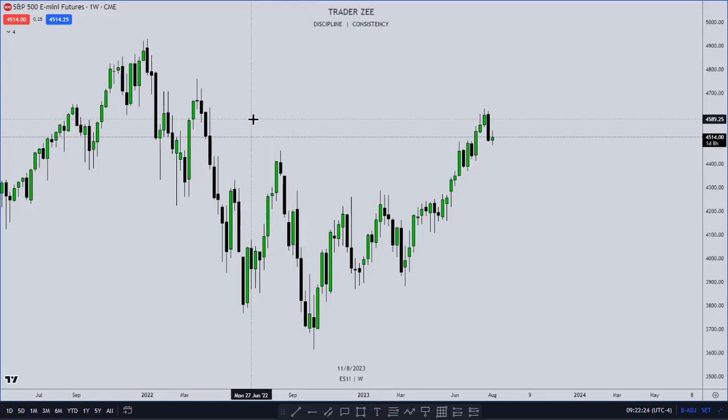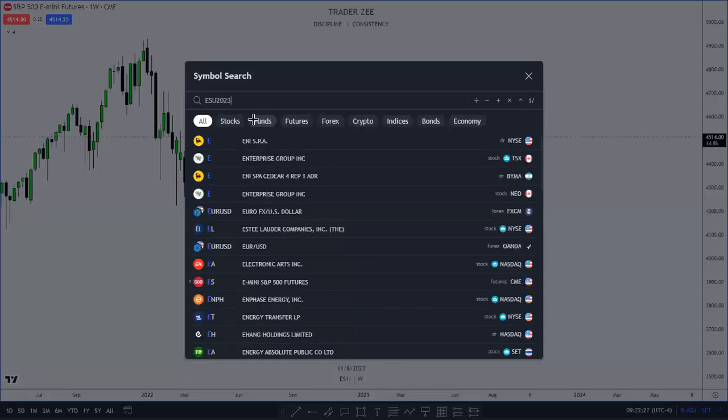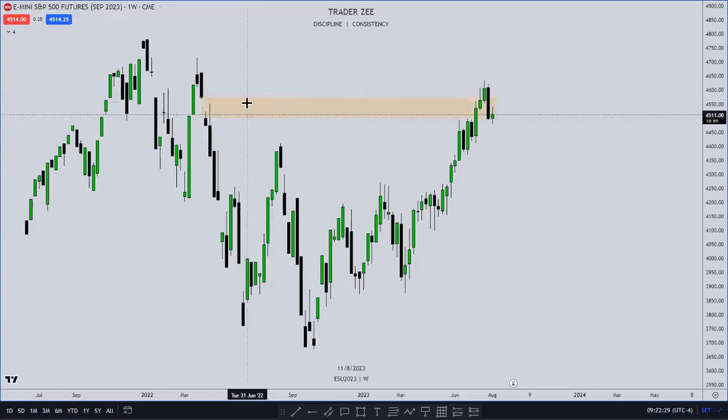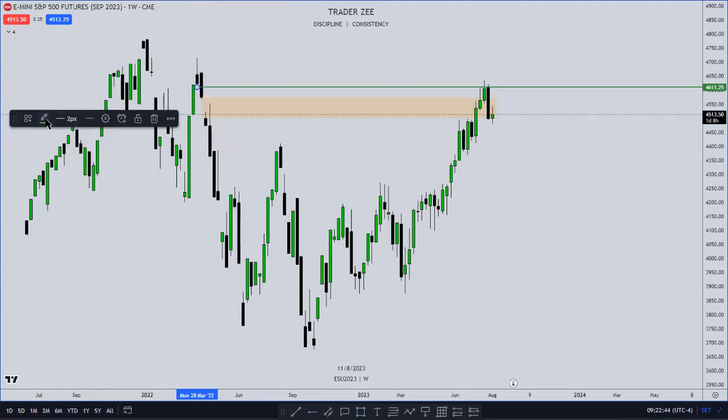So I'll go back to the ESU 2023. We have a fair value gap. I'm just going to mark the high of that fair value gap right here, because the low of it is here, and I'll mark the liquidity void there.